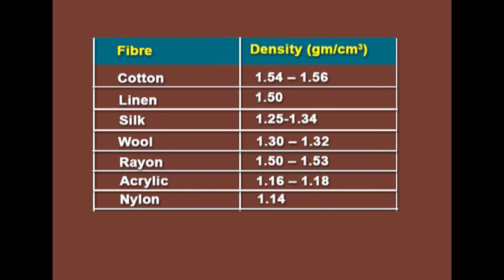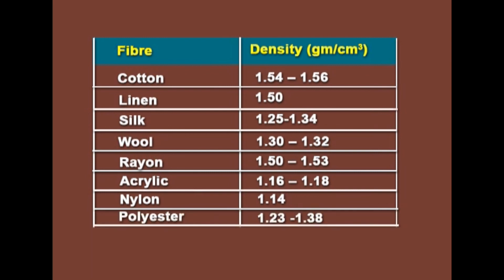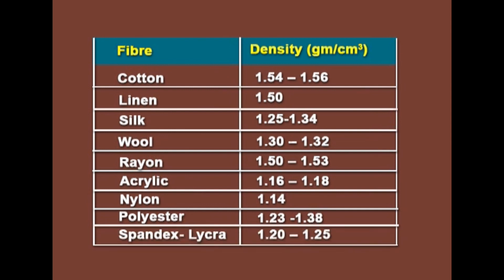This is the lightest of all the fibers that we use, and polyester has a density of 1.23 to 1.38 and spandex or lycra fiber has a density of 1.20 to 1.25.